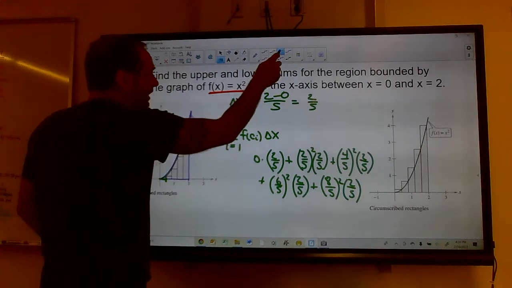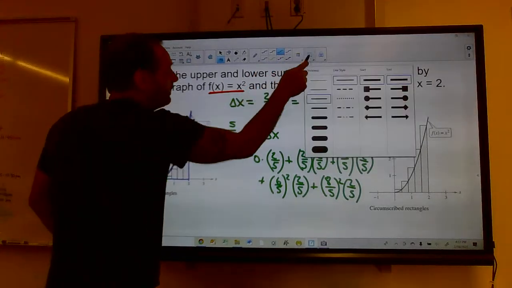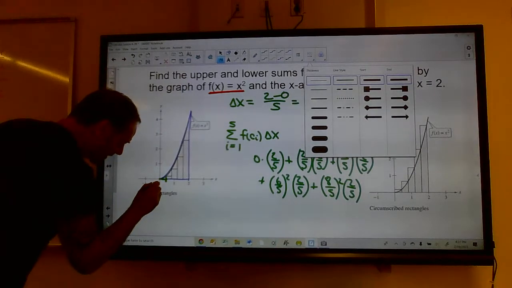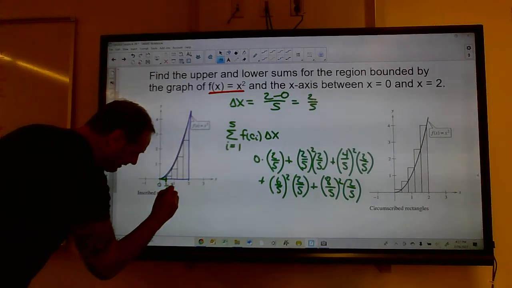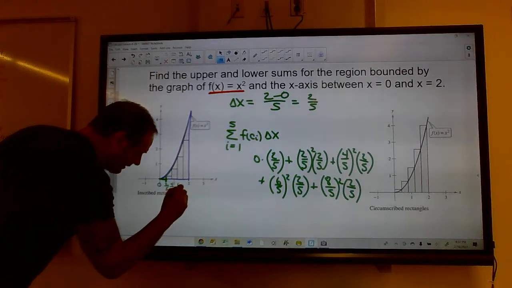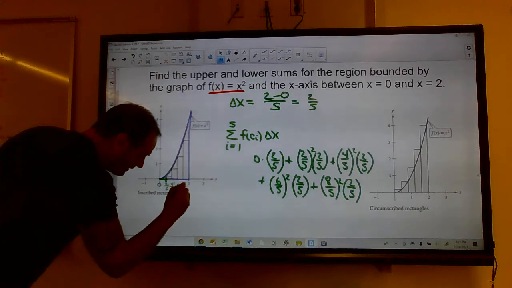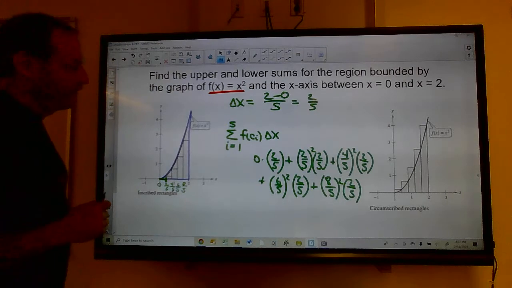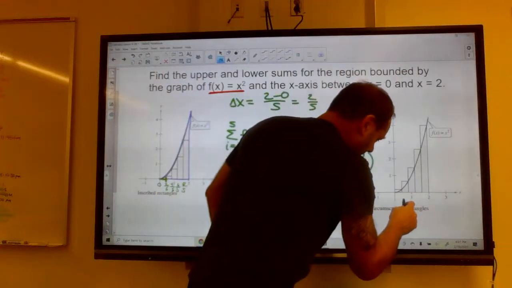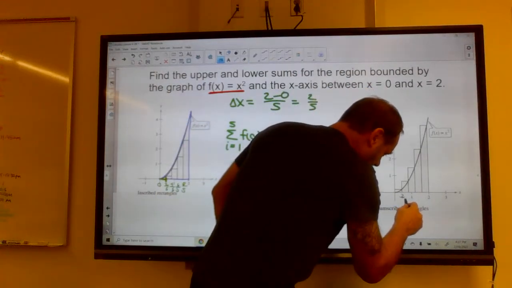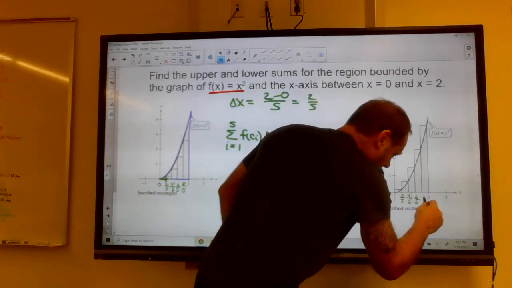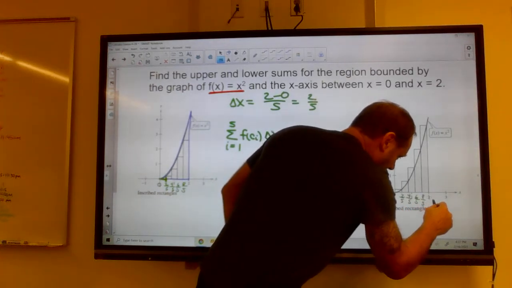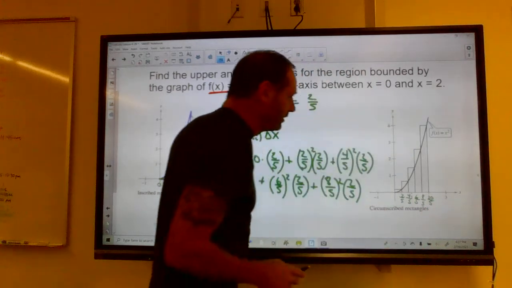If I count the bottom here, this is 0, this is 2/5, this is 4/5, this is 6/5, this is 8/5. Over here, since we're using the right side, this one would be 2/5, 4/5, 6/5, 8/5, and 10/5, which is just 2.